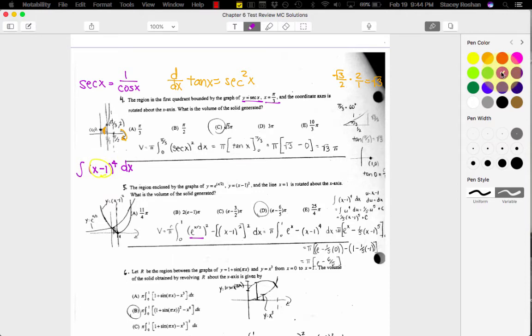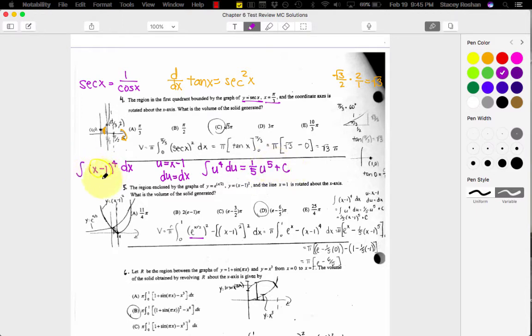And this is actually a very clean U sub because if U is x minus 1, then du is simply dx. So I really don't have that much work to do. The antiderivative of u to the 4th du is what I come up with, and that would be 1/5 u to the 5th plus c.